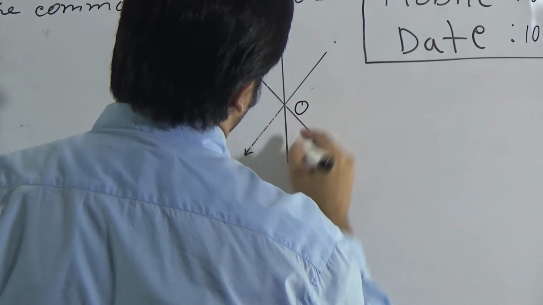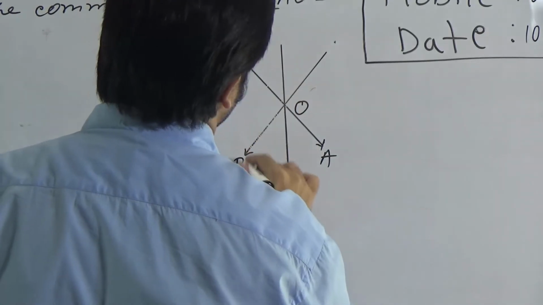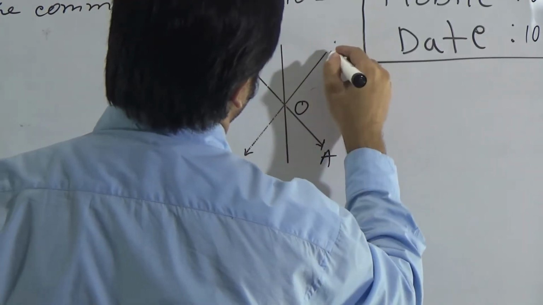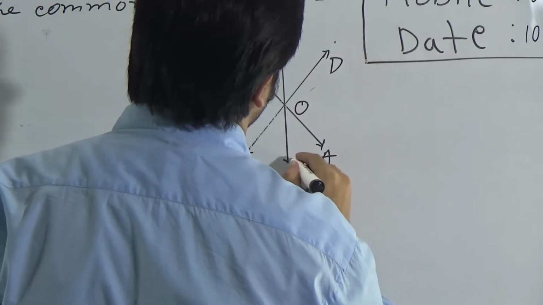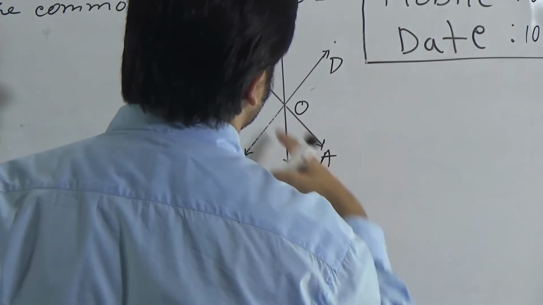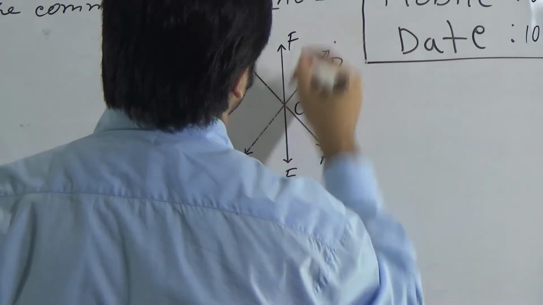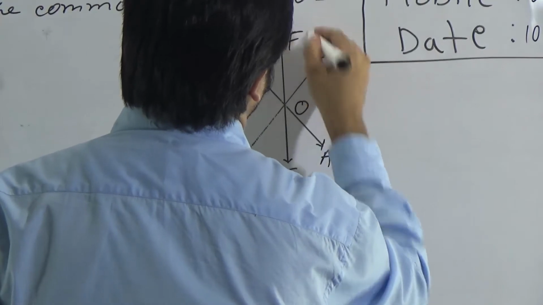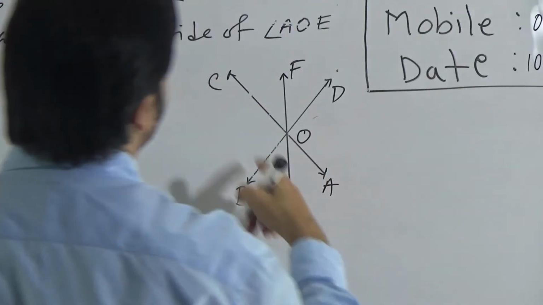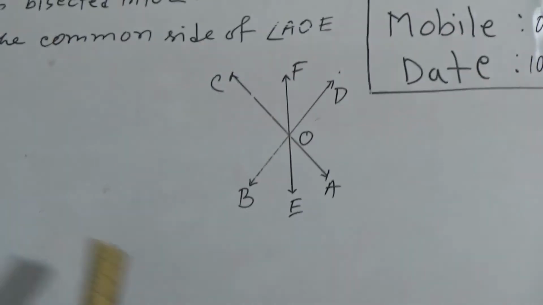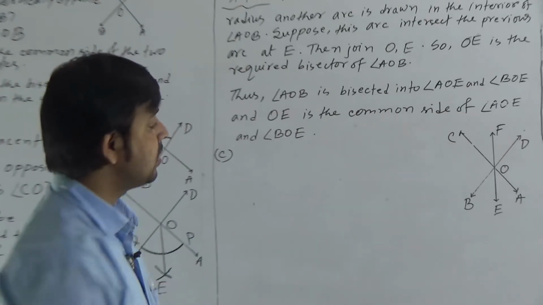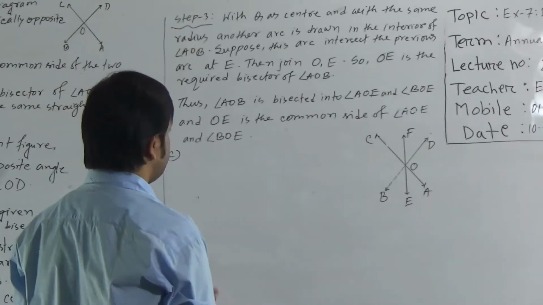A, O, B, C, O, D. OE is the bisector of AOB and OF is the bisector of COD. Okay, dear students, this is our figure for question C.